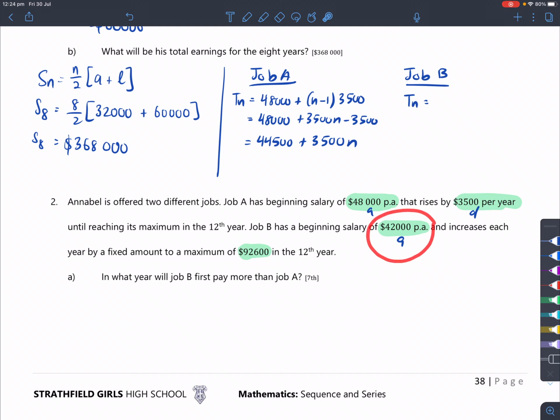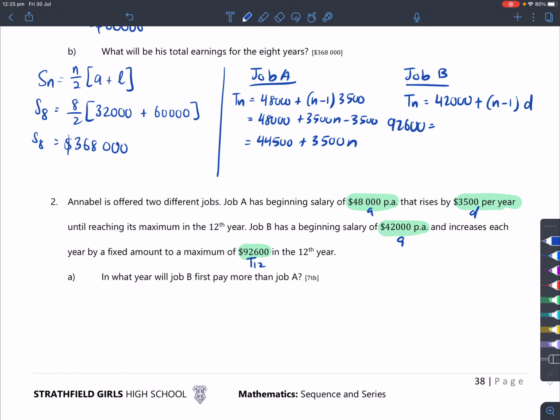A, the starting value of Job B, is 42,000 plus (n minus 1)d. So we don't know what n is, and we don't know what d is either. But we're given T12, the 12th term, or the 12th salary, as 92,600. So I'll replace that in.